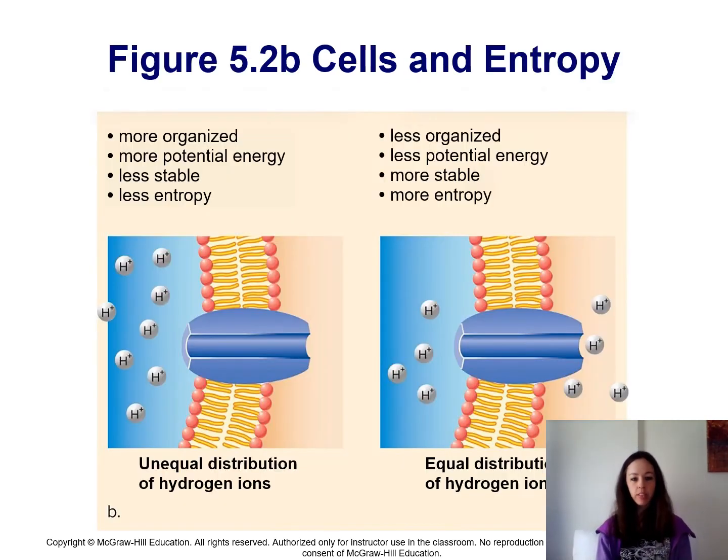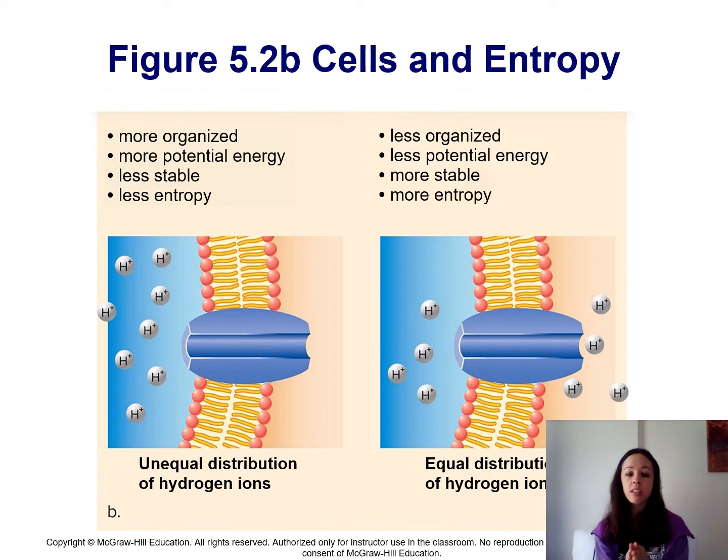We can see these patterns of energy and entropy at the cellular level. The natural state of any molecule is to go with its concentration gradient until it reaches an equilibrium on the inside of the cell and on the outside of the cell. This, even though it may not necessarily look like it, is increased entropy, when we have an equilibrium of the ions on the inside and the outside of the cell.